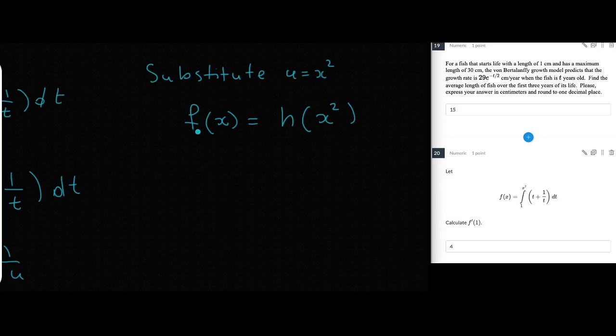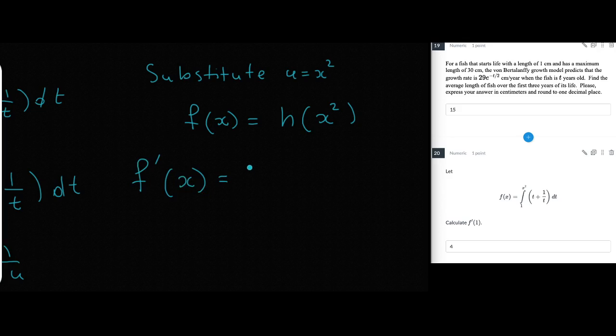In other words, f of x is a composite function. It's a composite of two functions. The outer function is h, I can say h of u, and the inner function is u equals x squared. And so I can now find the derivative of f by using the chain rule.